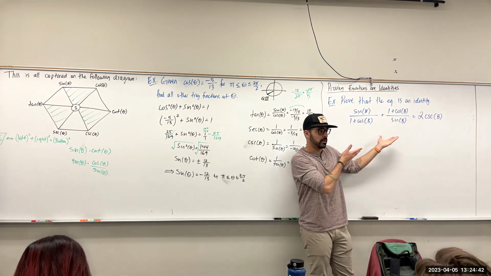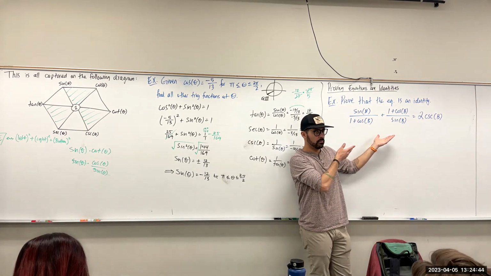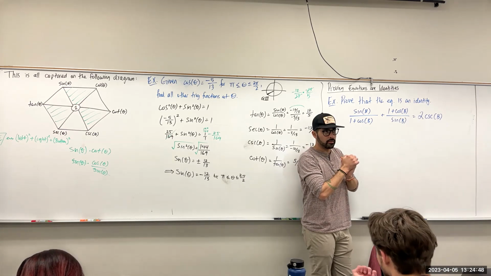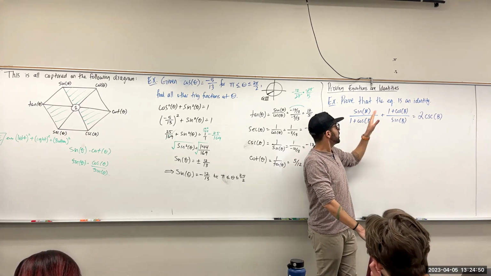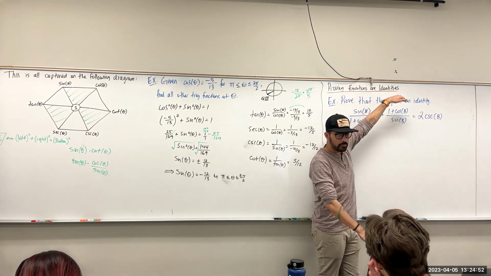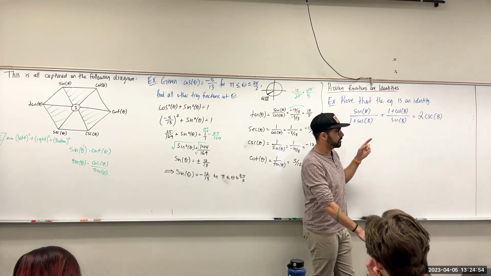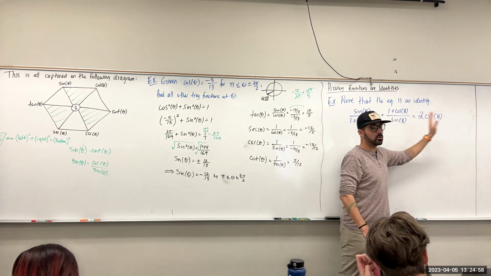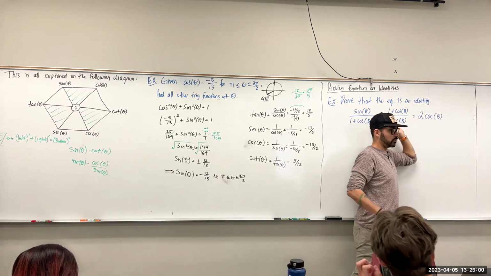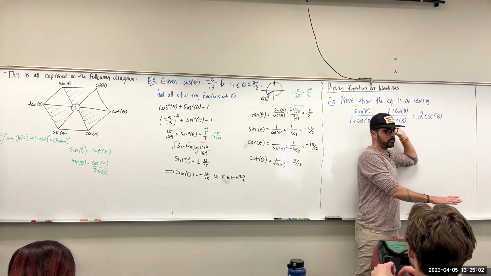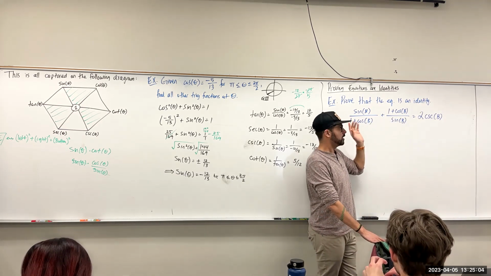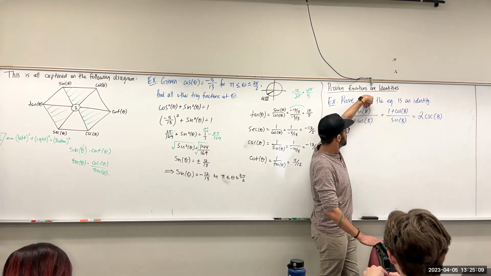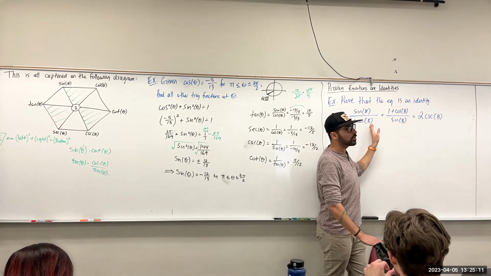What is the unknown? The angle B. We don't know what B is. If the question said solve for B, it would be asking you to find the angle you plug in that gives you equality on both sides. But this is not asking that. It's telling you that it's an identity, and that means this is true regardless of the angle.